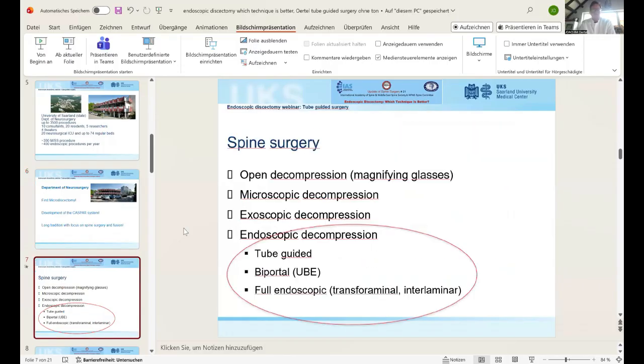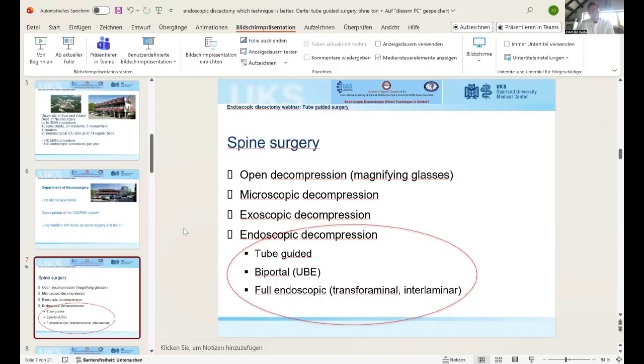When we talk about spine surgery, whether we do microscopic or exoscopic is a big discussion now because the exoscopes are cheaper. But today we want to focus on endoscopic procedures. There are basically three principles. It's tube guided.